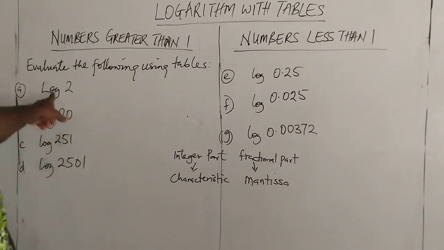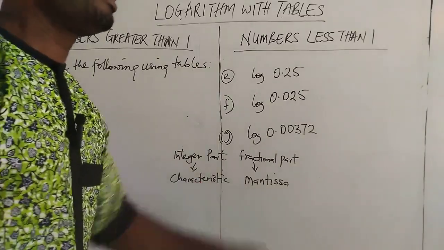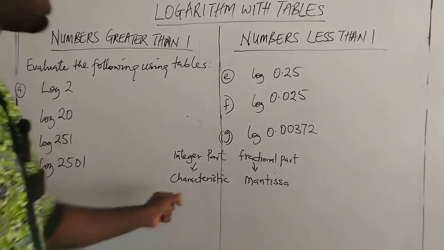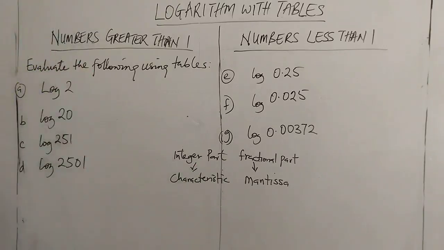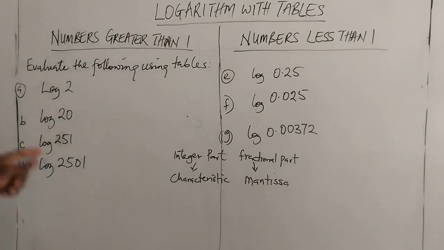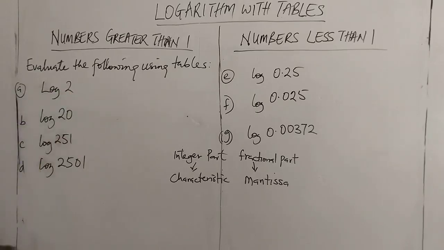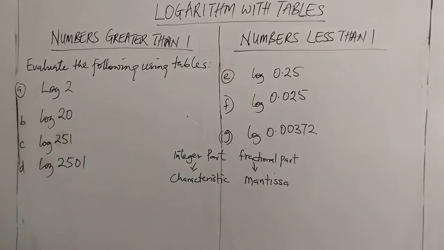Now, for each of these numbers on the board, when we find the log, it must have the characteristic and the mantissa. It will be very important you understand how to find the characteristic of any number. For numbers greater than 1, to find the characteristic, you check the integer part of that number. How many digits are in the integer part?